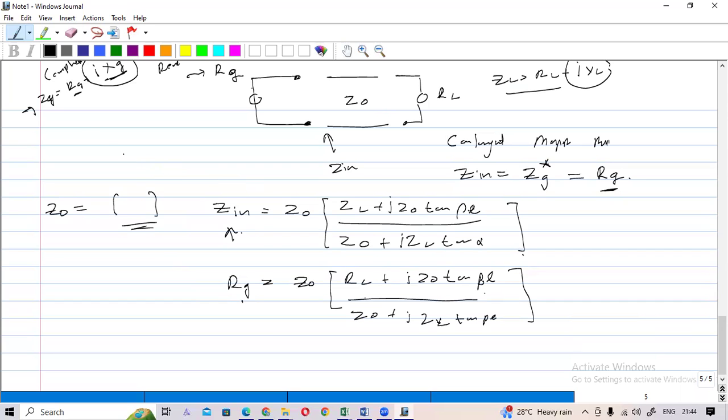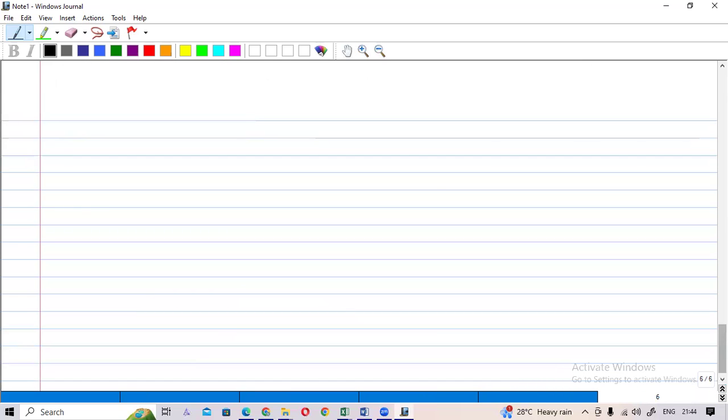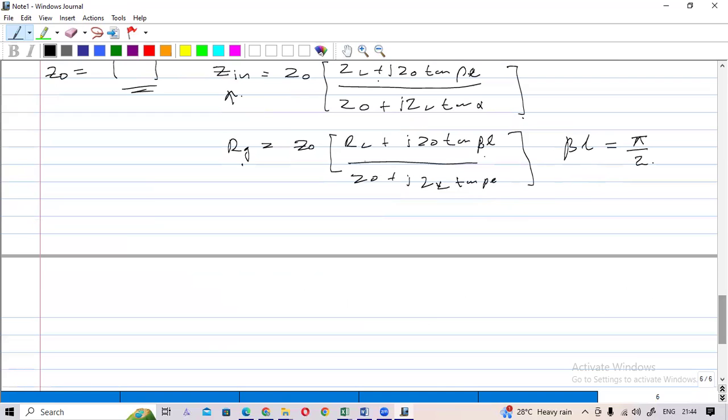Now I am going to select this beta L as pi by 2. What does that mean? If beta L is pi by 2, then tan beta L will be infinity.